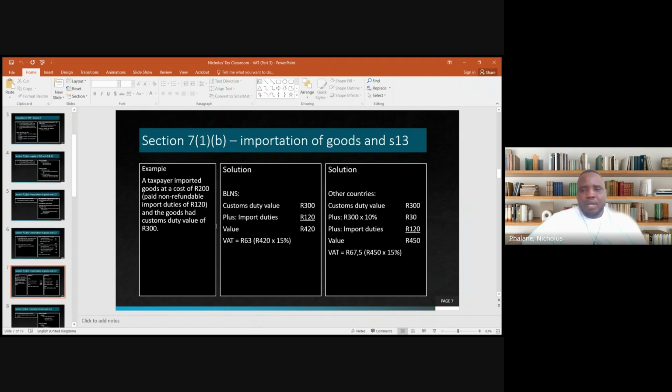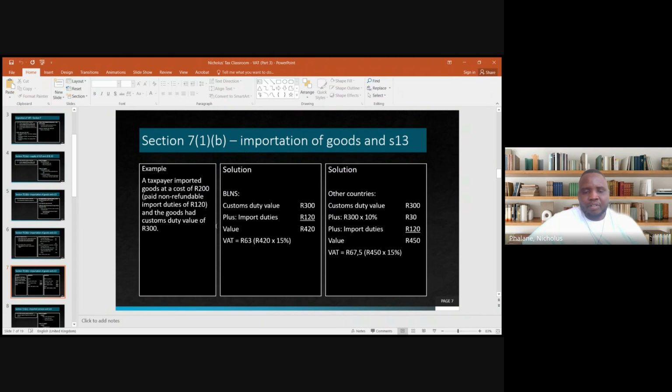All right, let's quickly look at a very basic example. A taxpayer imported goods at a cost of 200 and paid non-refundable import duties of 120 rand, and the goods had a customs duty value of 300. Let's look at the solution.